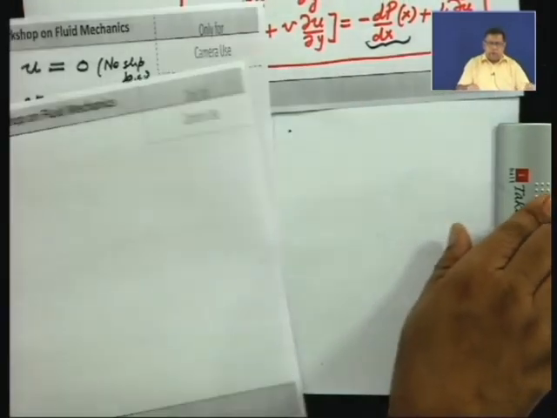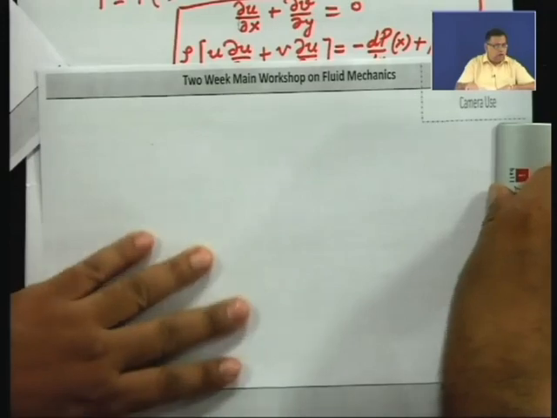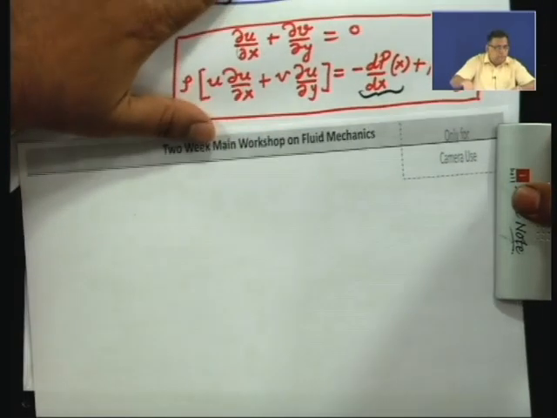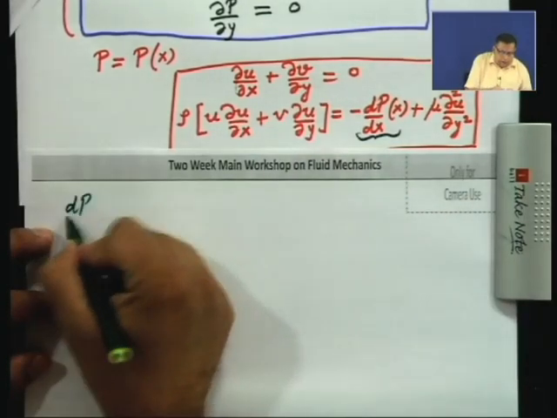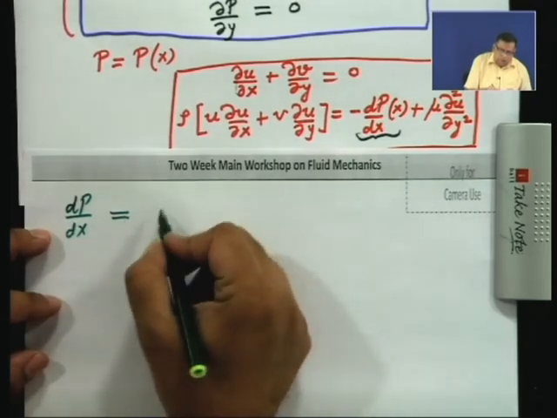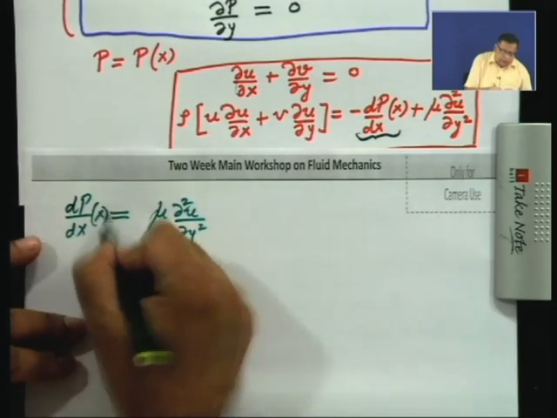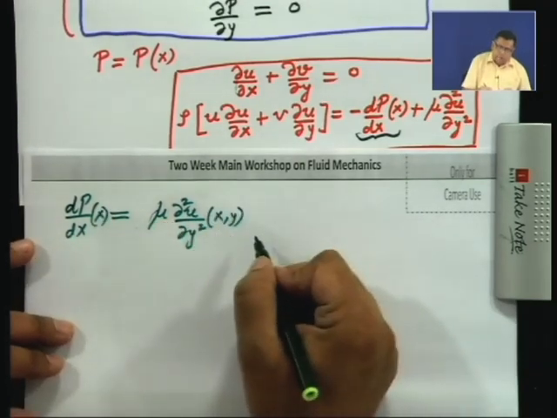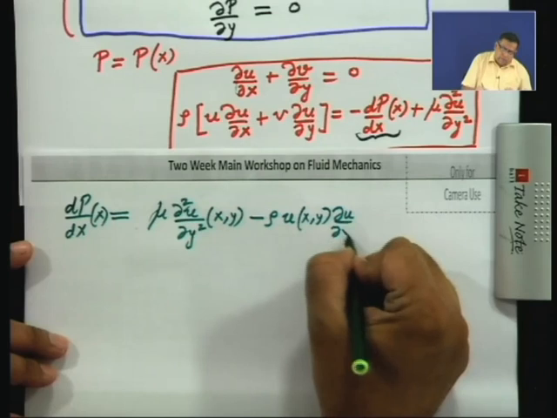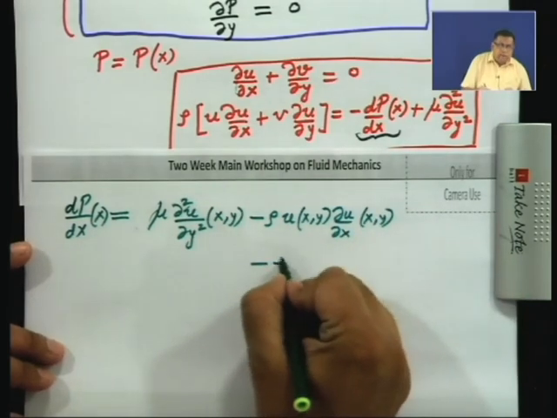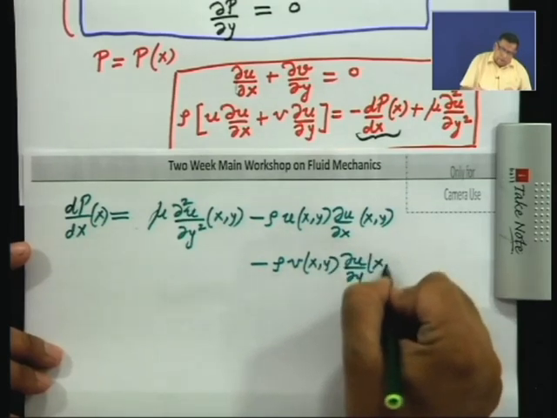So, this equation I will write in this fashion: dp/dx equal to μ ∂²u/∂y², this is a function of x comma y, minus ρ u of x comma y ∂u/∂x, minus ρ v of x comma y ∂u/∂y.